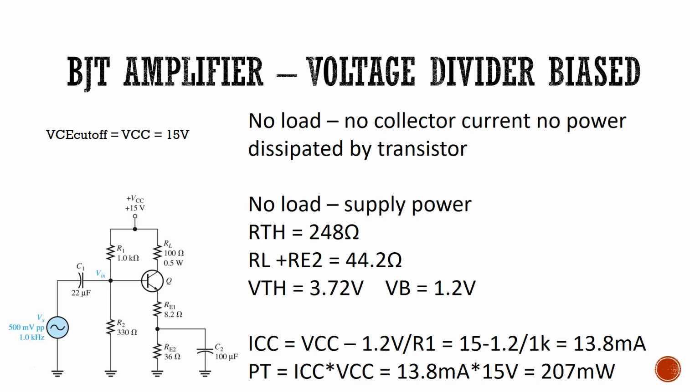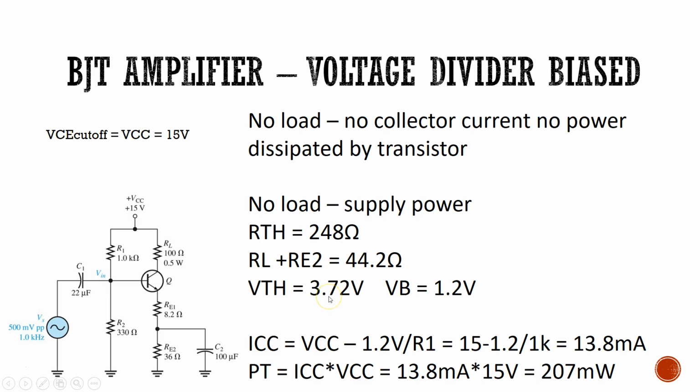All right, for no load, if there's no load, there's no collector current. That means there's no power dissipated by the transistor. The supply, however, would create a Thevenin equivalent circuit. The Thevenin resistance would be 248 ohms. RL plus RE2 is 44.2 ohms.